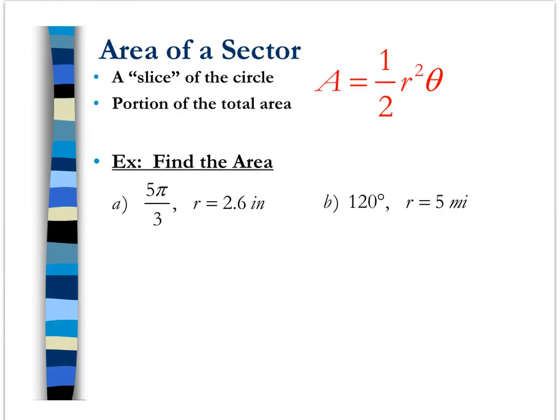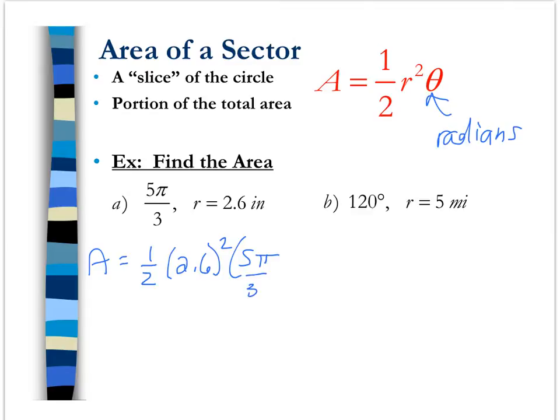For area of a sector, same thing as arc length. The angle has to be in radians. So if we look at this first one, we'll say the area equals 1/2 times 2.6 squared times 5 pi thirds.